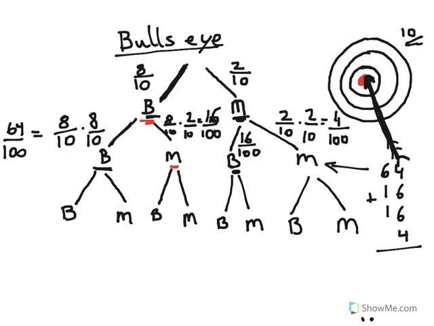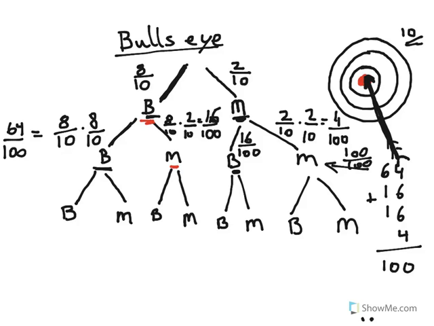If we add all of these numbers up, they should be 100, because our probability should always be 1 when we get the total fractions. So 64 plus 16 plus 16 plus 4 equals 100. So the probability that we'll either get bullseye bullseye or bullseye miss or miss bullseye or miss miss are 100 100ths. So we haven't made a mistake there.